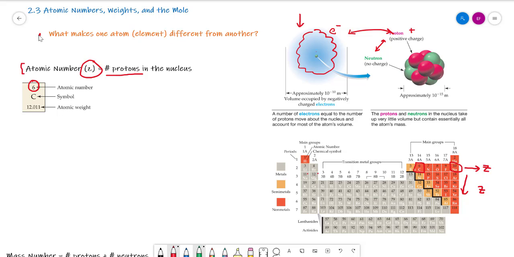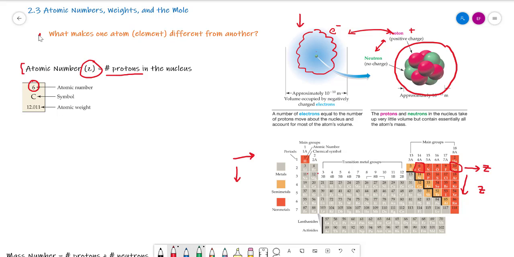Another way to think about this is because protons individually have mass, quite a bit more mass than, say, an electron, that means as you move over and down the periodic table, elements get heavier and heavier and bigger based on the size of the nucleus and the number of protons that constitute that.